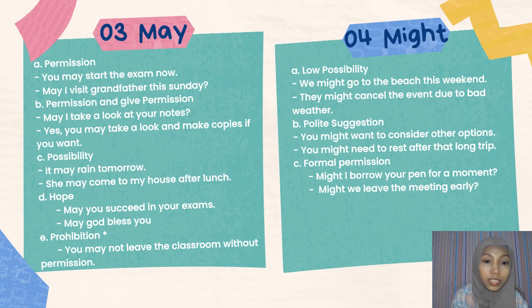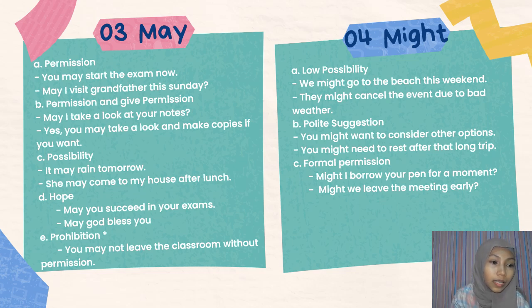In this context, may is used both to ask for permission and to give permission. For example, may I take a look at your notes? Yes, you may take a look and make copies if you want.